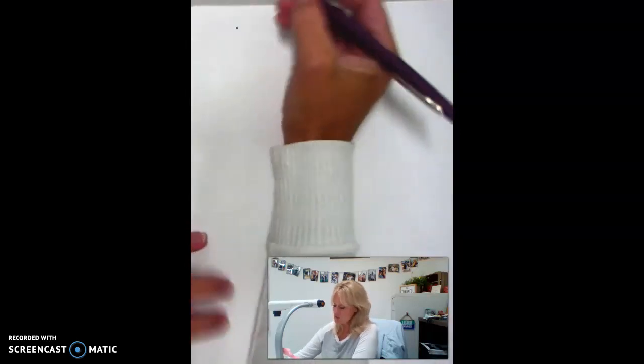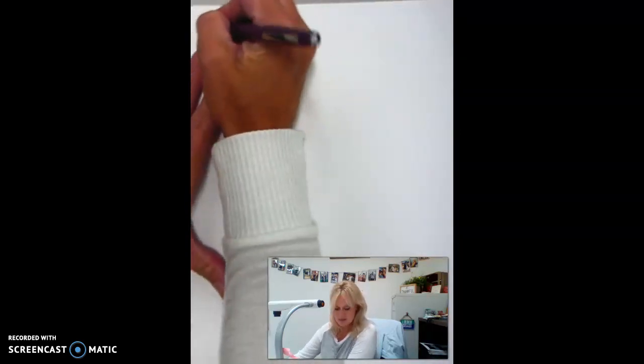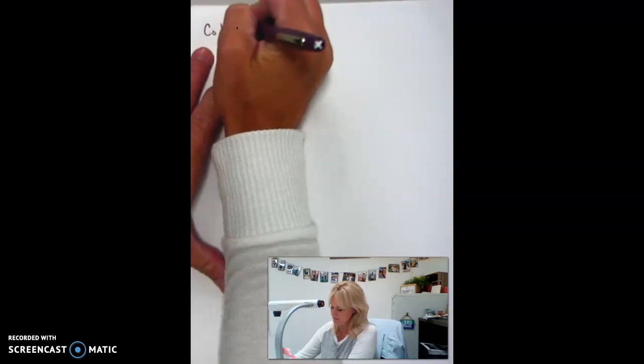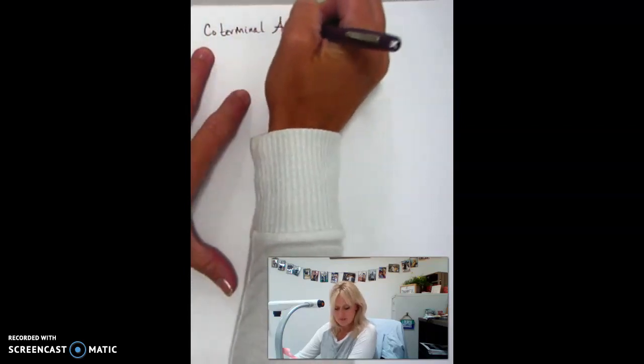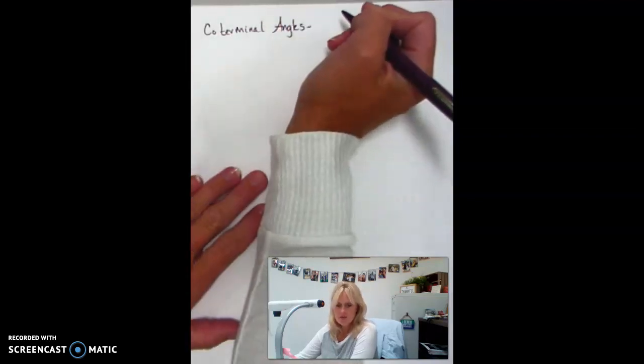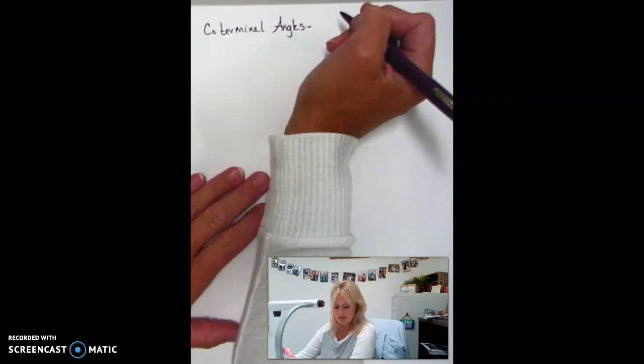So this leads me to the last thing that we need to talk about, and this is the term coterminal angles. Coterminal angles are two angles that share the same initial and terminal sides.